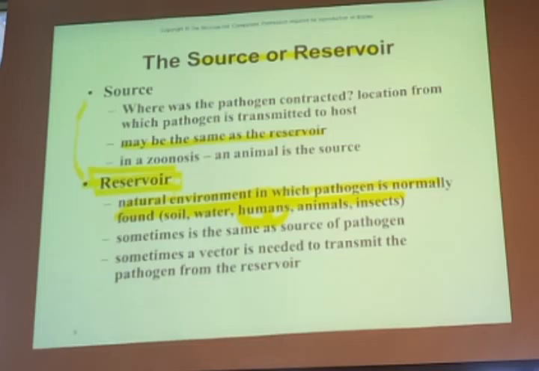So that would be the reservoir, and that's when the source and the reservoir really look different. The reservoir usually is going to be whoever has the infection. I'm not going to make some complicated, confusing true-false or multiple choice question about this, because they overlap and it really depends on individual infections.